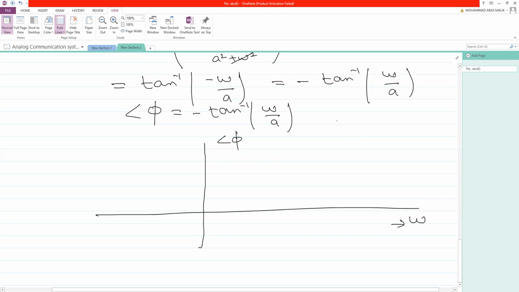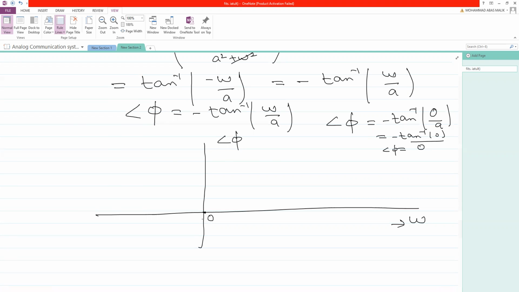Angle phi is equal to minus tan inverse of 0 divided by a. So this is equal to minus tan inverse of 0, and tan inverse 0 is always equal to 0. So angle phi will be 0. When omega is equal to 0, your phase angle will be equal to 0.